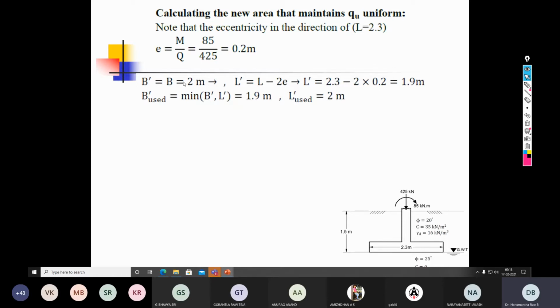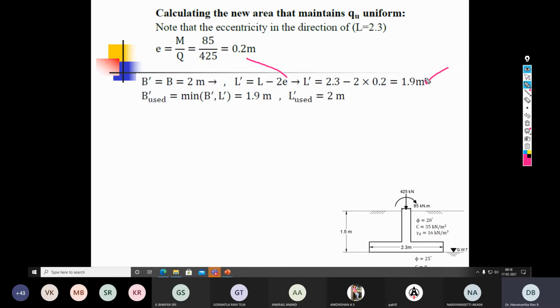Therefore B dash is equal to 2 meter, and L dash can be computed as L minus 2e. e is already calculated here, that is 0.2. So 2.3 minus 2 into 0.2, 1.9 meter. So this part everyone has already calculated.